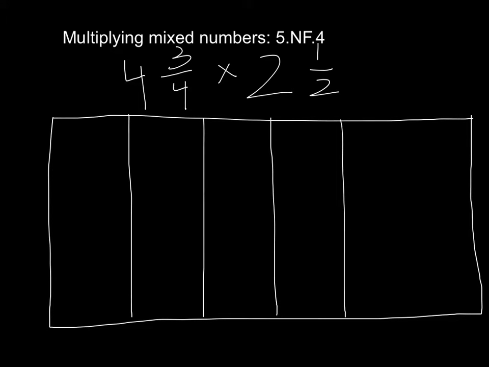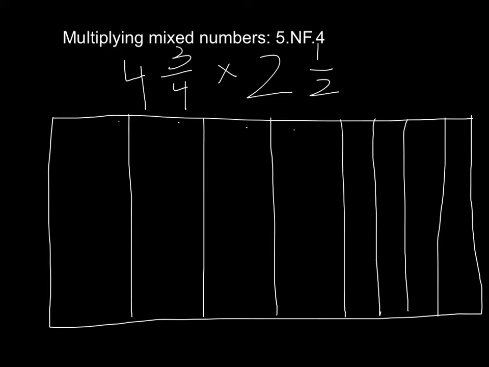There you can see my wholes, 1, 2, 3, 4, and now I'm going to split this into fourths. And there you can see my 3/4. Now, for my opposite direction, I'm going to split 2 1/2 into 3 columns because 2 would not be enough.